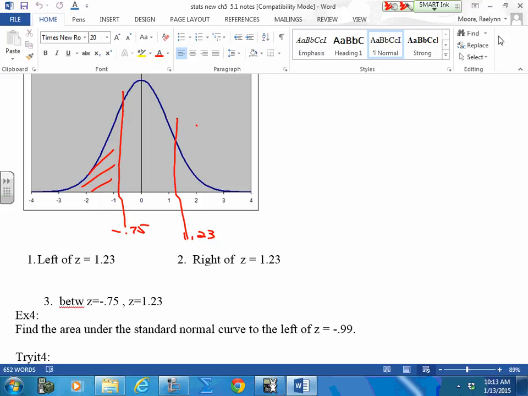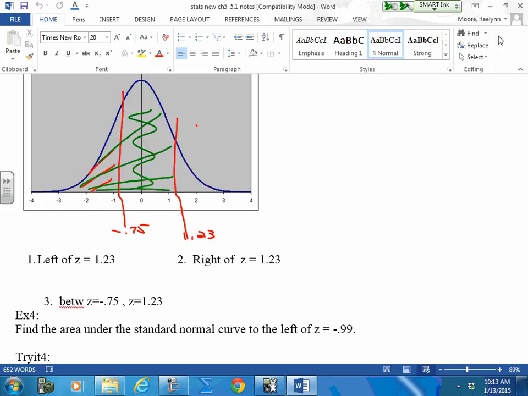There's my area to the left. Here's my area to the left. I actually just want this piece right in here. You subtract them. Not from the whole, but you subtract this area from that area. Do you see it? It's like punching it out. Give me the big one minus the small one, and I'll be left with the guy in the middle.